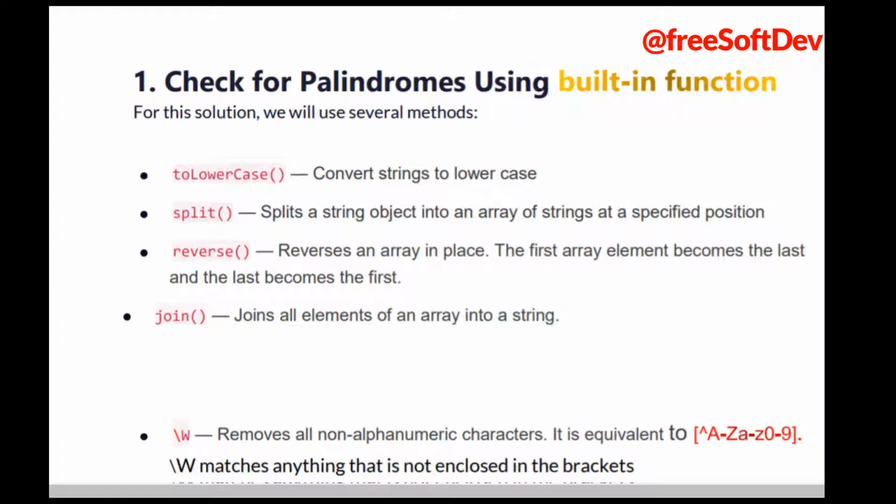For this solution, we use several methods. First, toLowerCase, which will help us to convert a string to lowercase. Split will help us to split a string object into an array of strings at a specific position. Reverse will reverse an array in place, meaning the first array element will become the last and the last becomes the first.